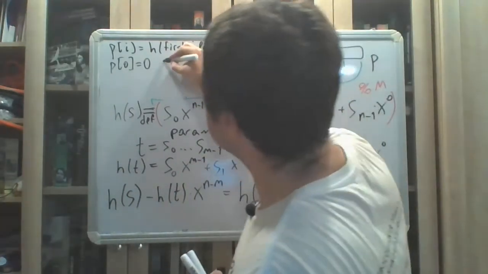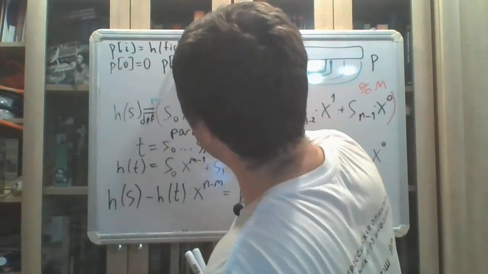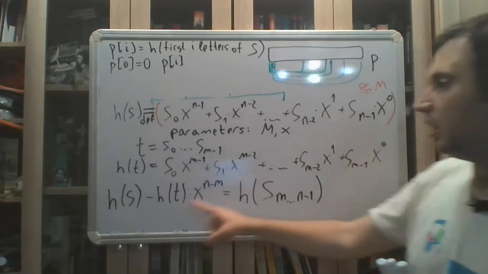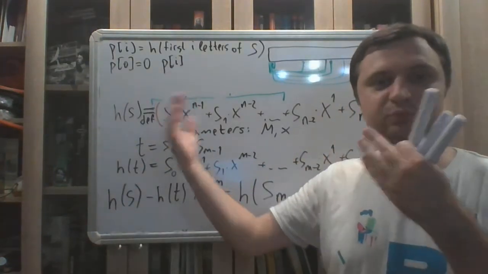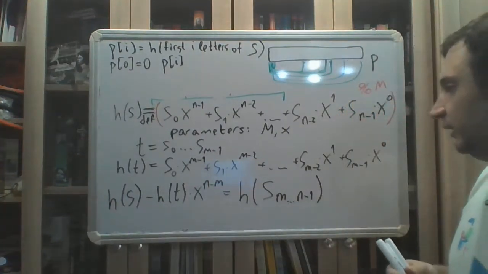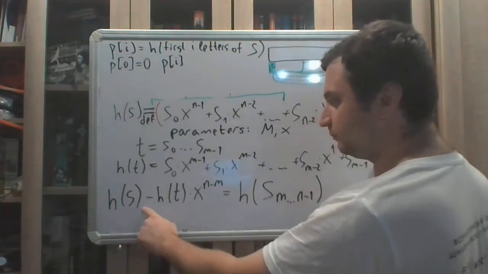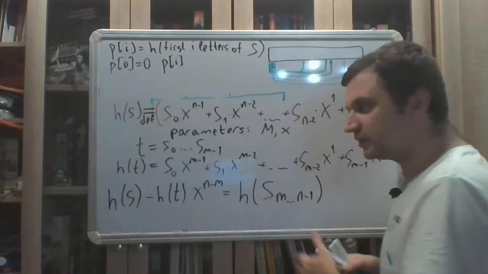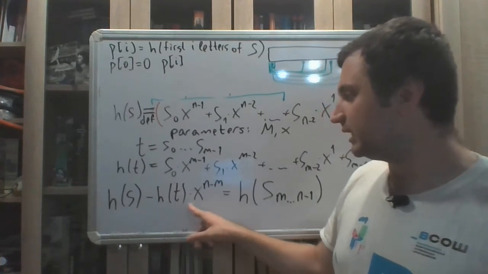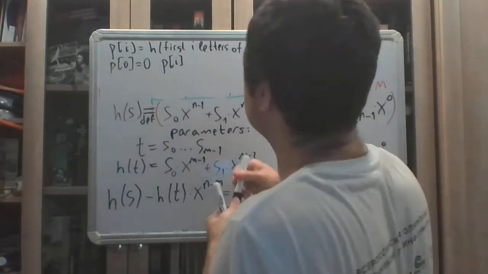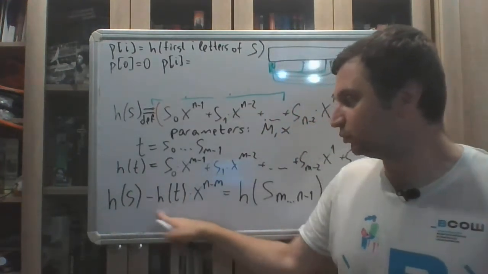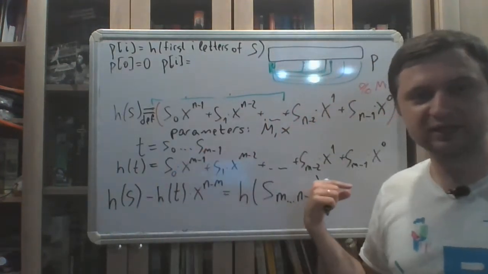And now let's find the ith element. So what is the hash function of any prefix of length i? Well, if we put this term to the right part, we see that this is the hash function of a smaller prefix. What I do is just put the subtracted term to the right side.